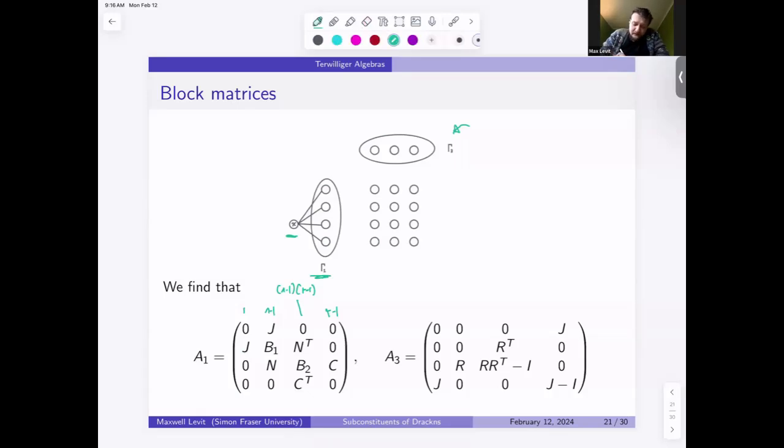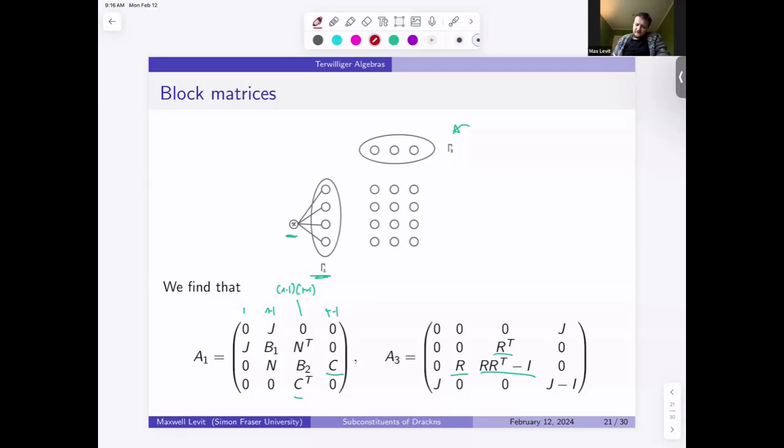And the point of doing these row and column partitions is that they tell us exactly what to write here, and they also tell us what to write in the third adjacency matrix, or in the distance 3 matrix as well.